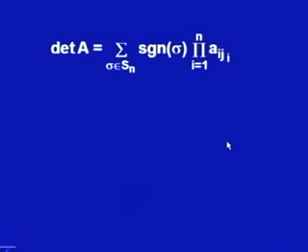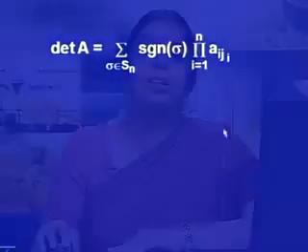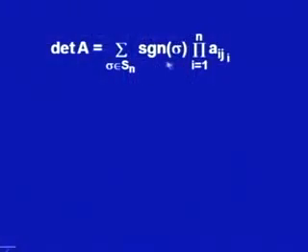But this type of definition cannot be continued for higher order determinants, so we define the determinant for an nth order square matrix as determinant A is equal to the sum over permutations sigma of signum of the permutation and the product for i equal to 1 to n of a i j_i.